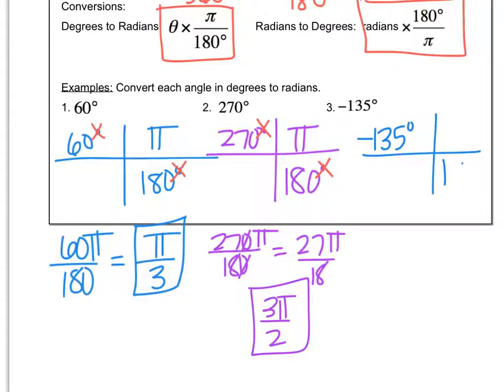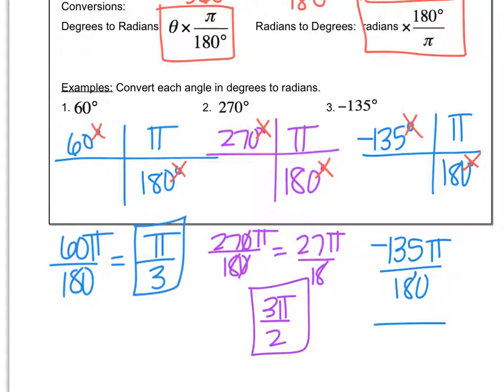And then this last one, it's negative. Again, it's degrees, so I know my 180 degrees is going to go on the bottom. Pi is going to go on the top. The degrees are going to cancel out. And then my goal now is to reduce negative 135 pi over 180. Let's see, I can divide those both by 5.